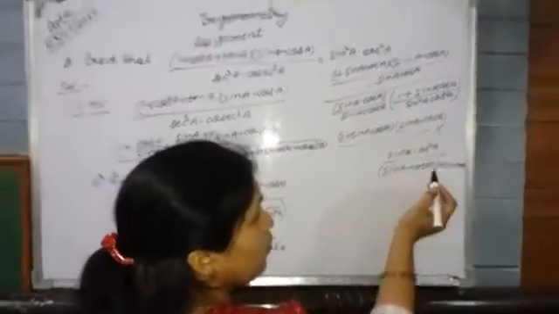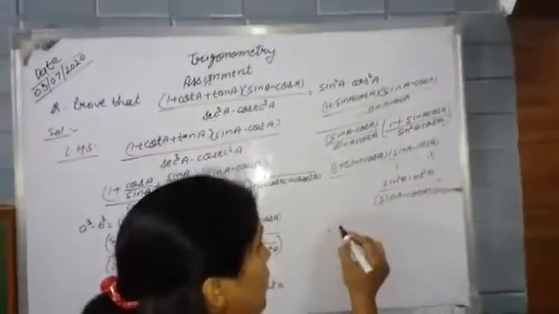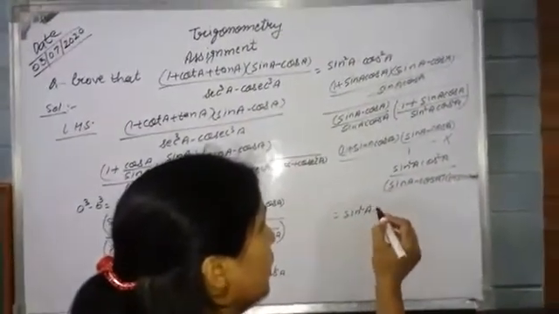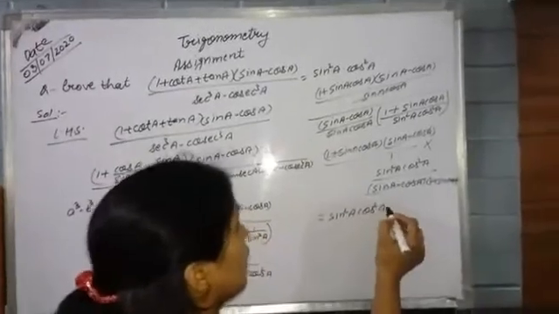So we obtain which term? Only sin square A into cos square A.